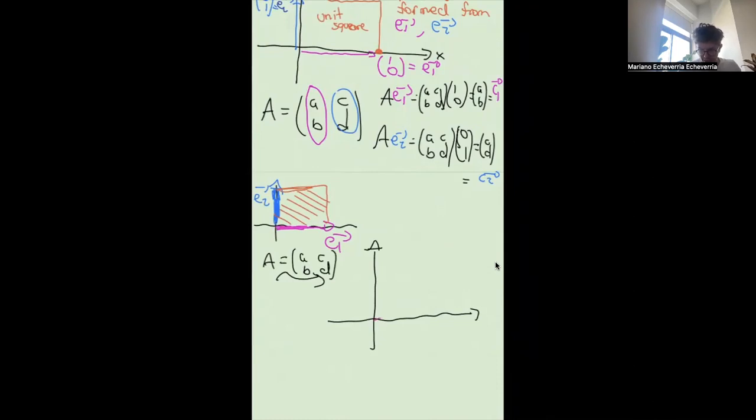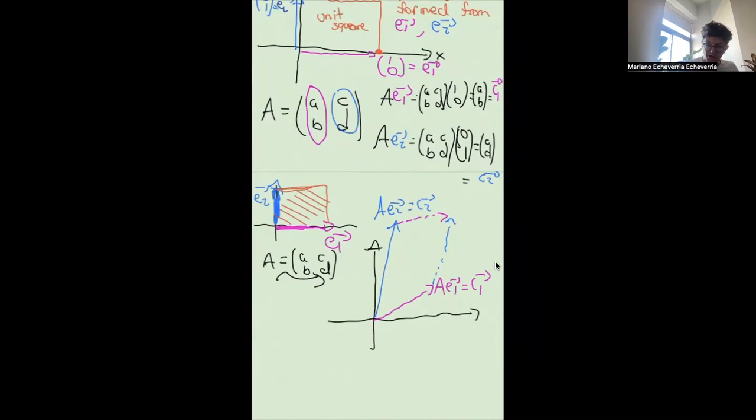E1 becomes A E1, which is the first column of the matrix, and E2 becomes A E2, which is the second column of the matrix. So the matrix multiplication turned the square into a more general parallelogram. That's one way to think about what the matrix multiplication is doing.